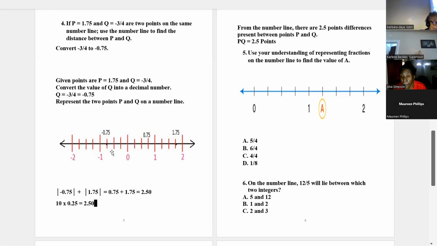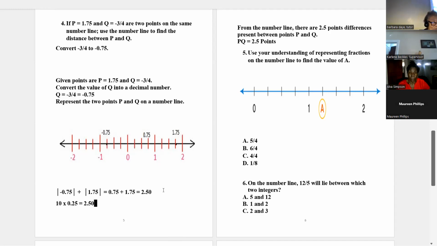So 0.25, 0.50, 0.75, and going this way, 1, then 1.25, 1.50, 1.75. Each of these points represents 0.25, and you move 10 places, so 10 times 0.25 is 2.50.